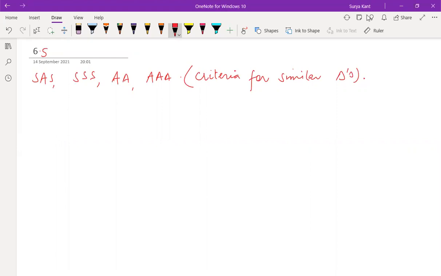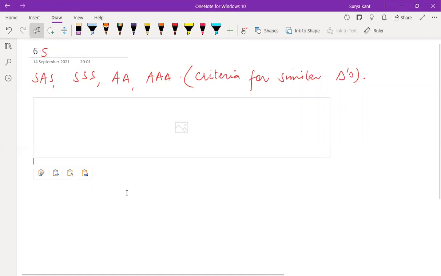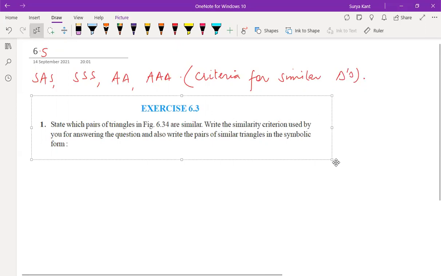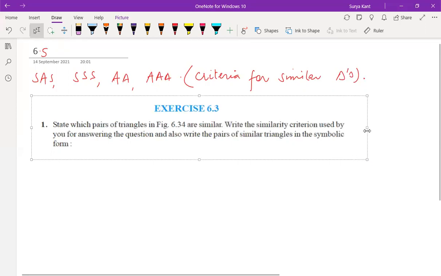So question number 1. You should tell which pair of triangles are similar. Can you see the question on the board? Can you see the question on the screen, children? Okay. So question number 1, this figure, I'm just putting it here.